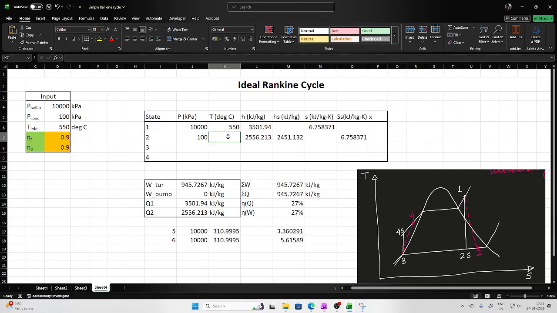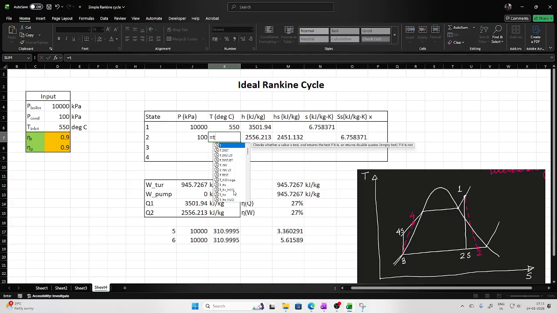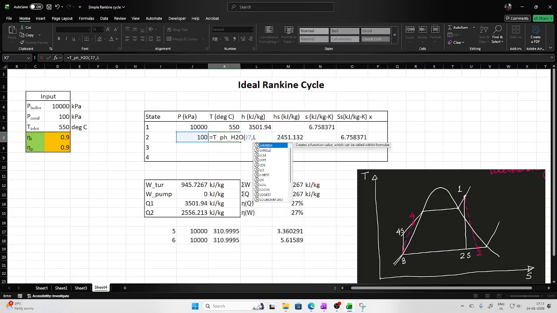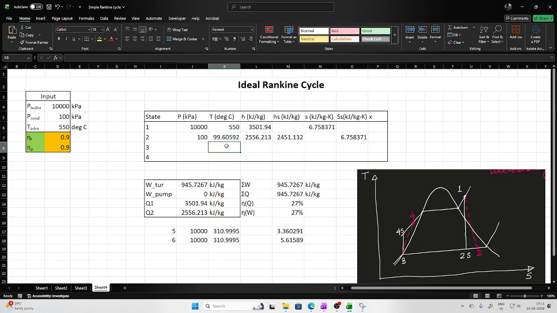Now once this is done, you can also evaluate the temperature based on pressure and actual enthalpy. So this is the pressure, and the actual enthalpy is this one, that is L7. So this is close to 99.6, and this is nothing but the saturation value. And here if you want, you can also evaluate the entropy.